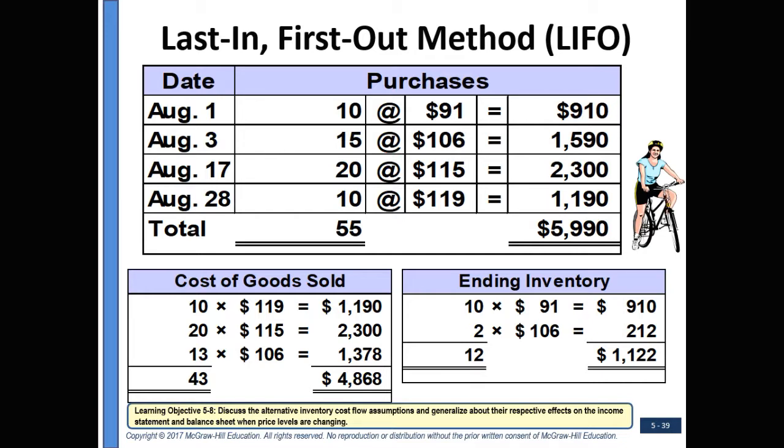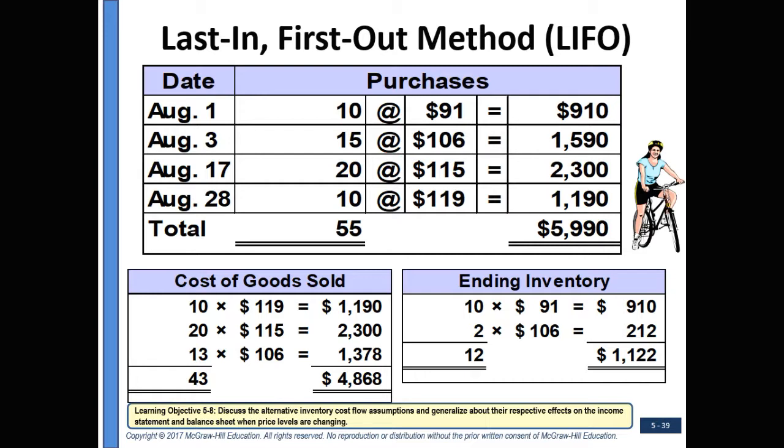Using the periodic inventory system, the 43 items sold would be assigned 10 at 119 for the August 28th transaction, 20 at 115 for the August 17th, and then the remaining 13 would be at 106 from the August 3rd transaction, for a cost of goods sold of $4,868.